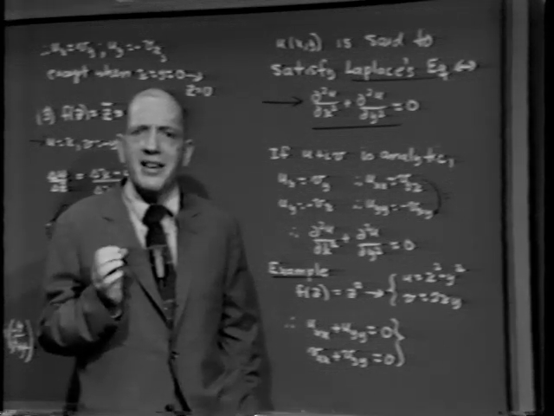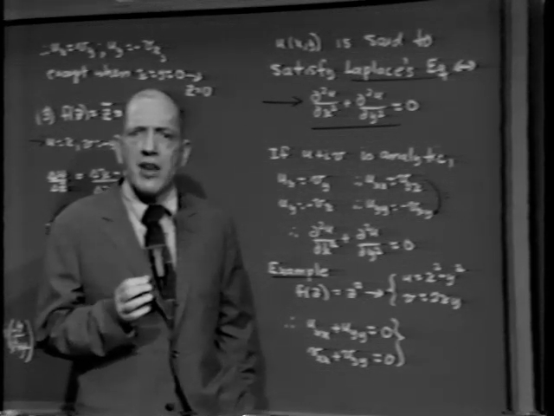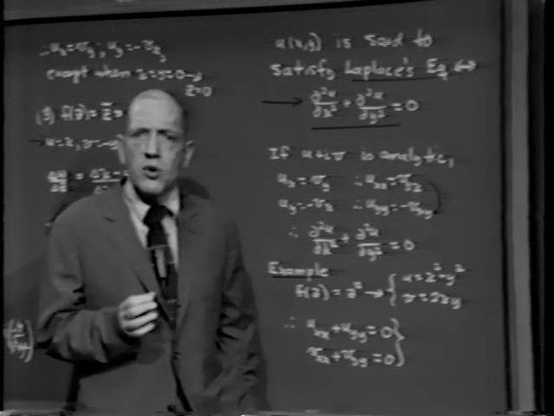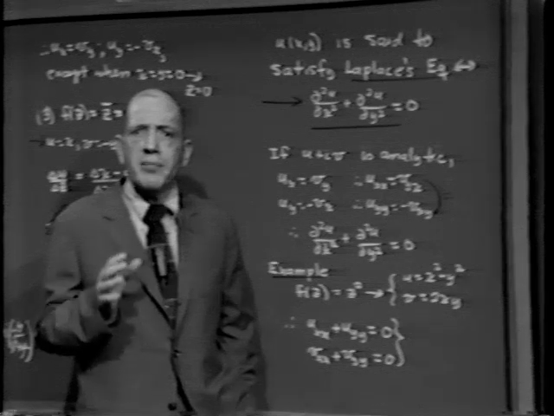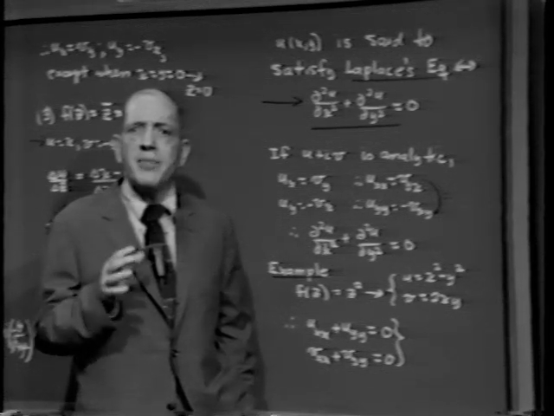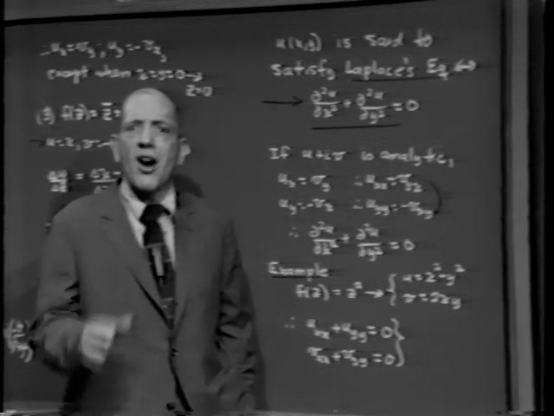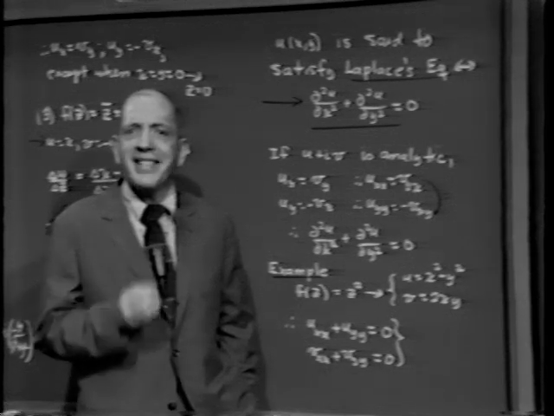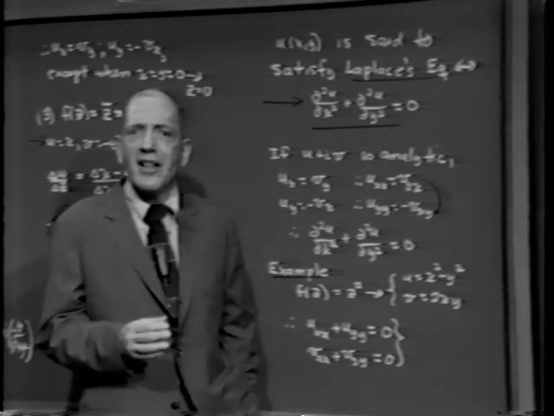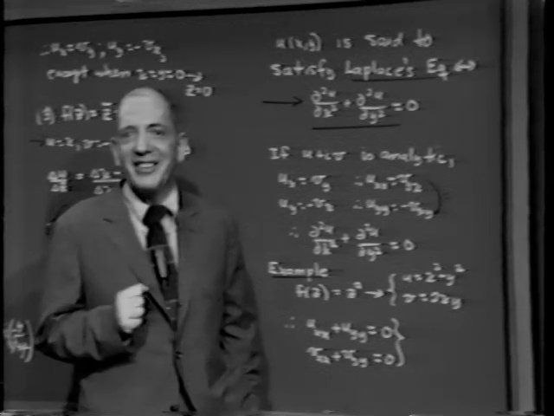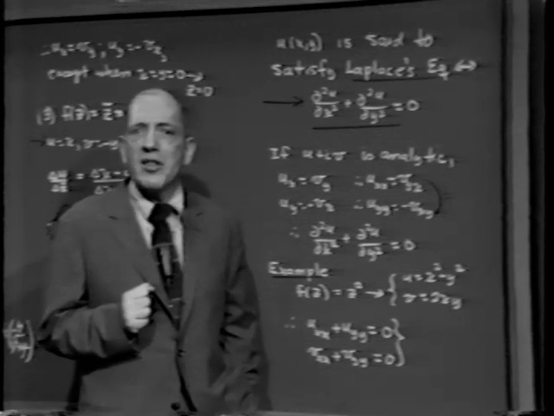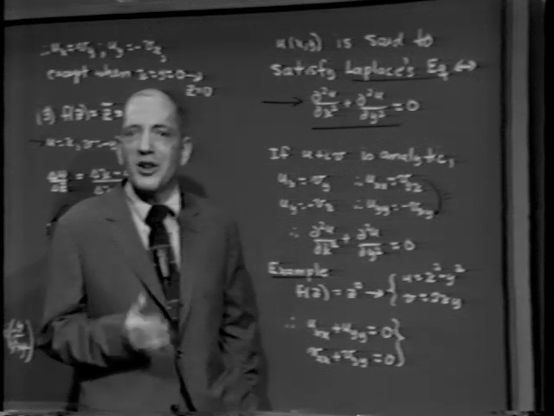I want you to see that solving Laplace's equation is a very important real-world problem. The interesting point is that the solutions of Laplace's equation have to be the real and imaginary parts of analytic functions, and there aren't that many analytic functions, and consequently, by knowing analytic functions, we have a good hold on what solutions of Laplace's equation in the real world look like.